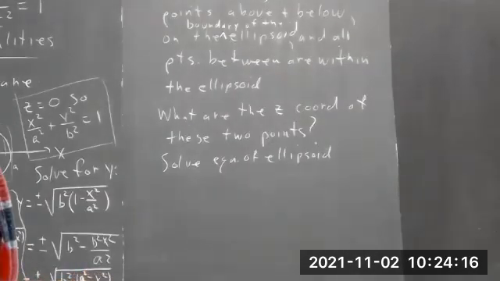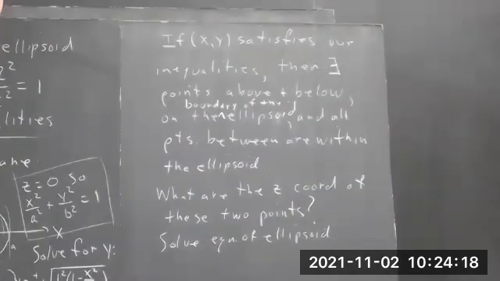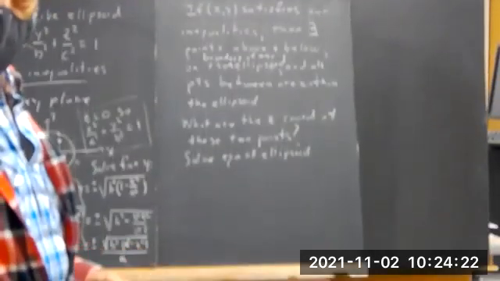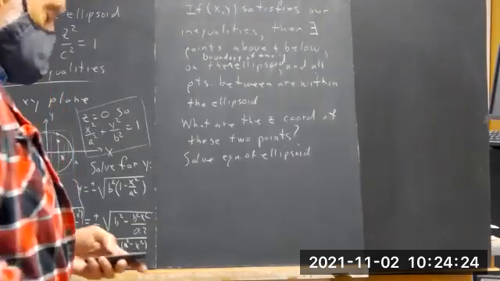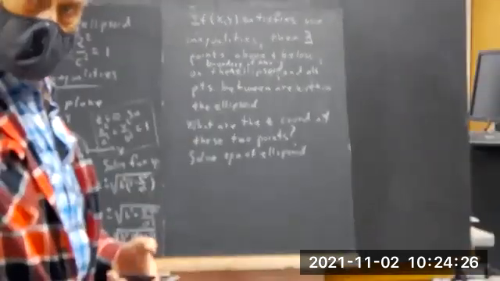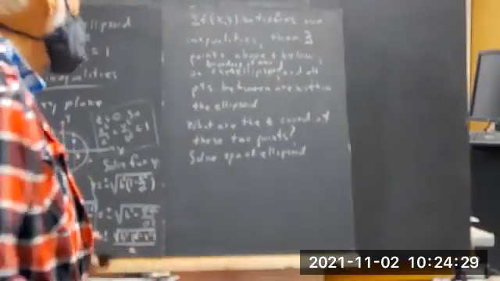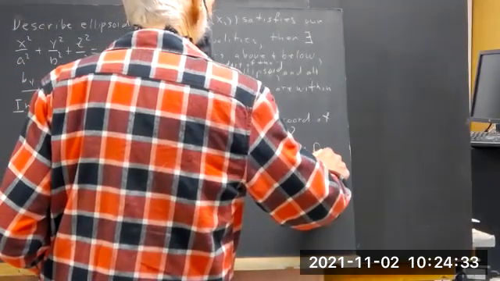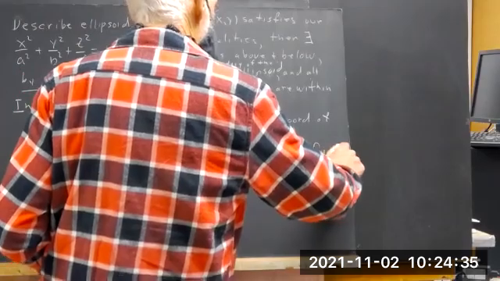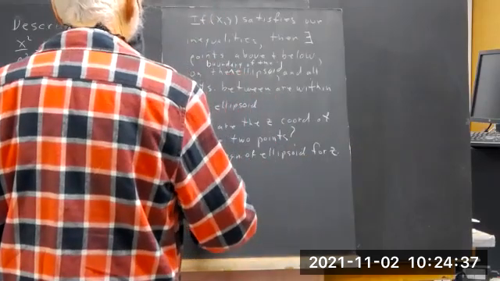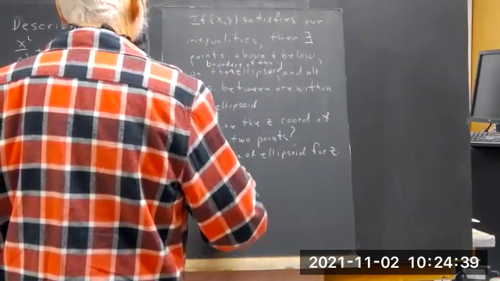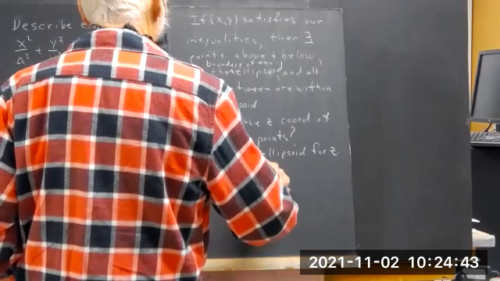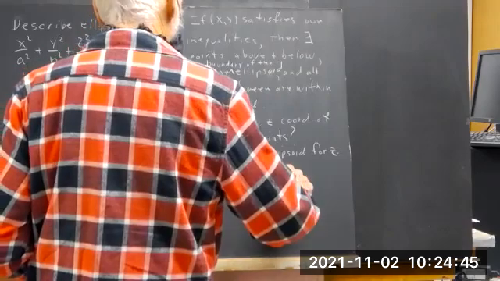I'll go again. Okay. So we have x squared over a squared plus y squared over b squared plus z squared over c squared equals 1.